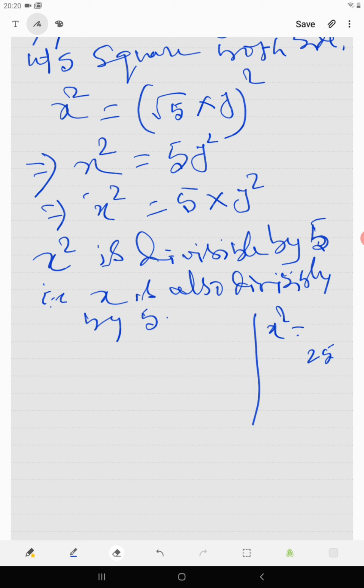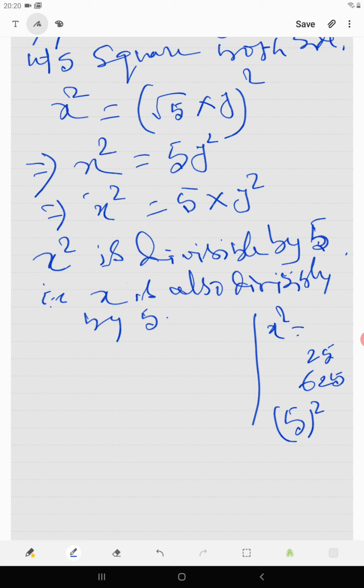We can take 625, which is 5 into 5 into 5 into 5. So this is possible: x square is divisible by 5 only when x is a power of 5.